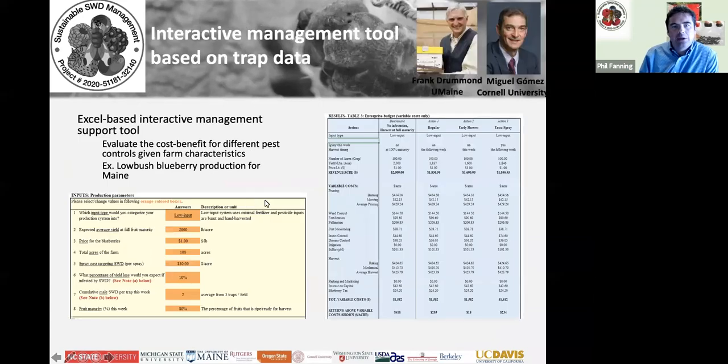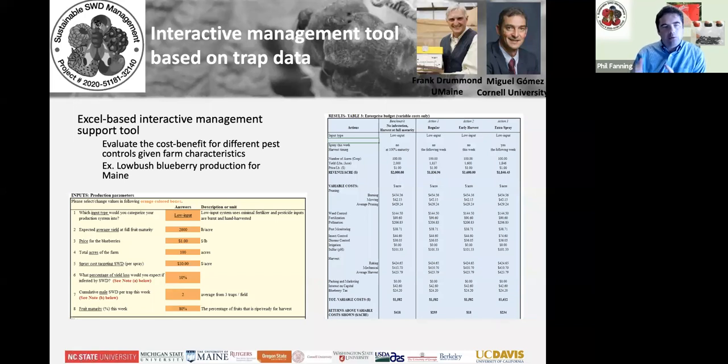On the next slide, we see basically how we can use that information and how we can adapt it. As I mentioned, this action threshold was developed by my predecessor, Frank Drummond, here in Maine. And then in collaboration with Miguel Gomez, who's also a PI on this grant, they were able to develop a decision aid tool that is easily accessible to our growers here in low bush blueberries that's based on Excel. In that, they can use those cumulative male trap captures.